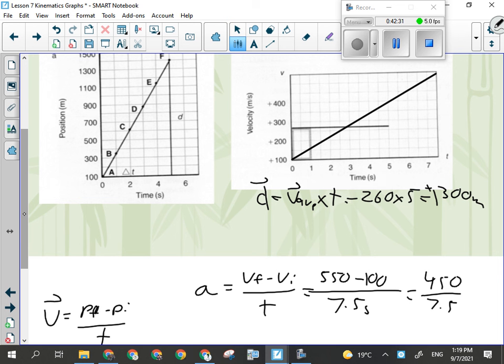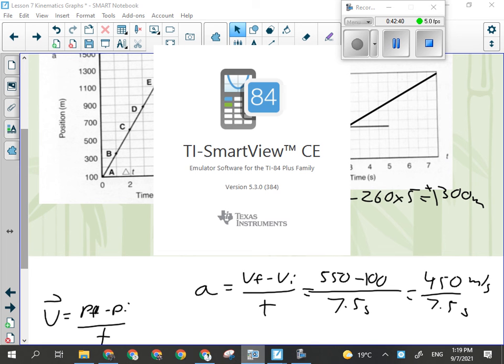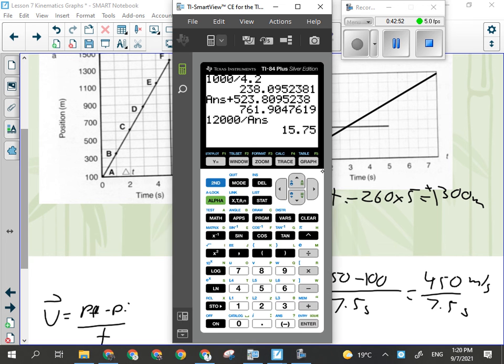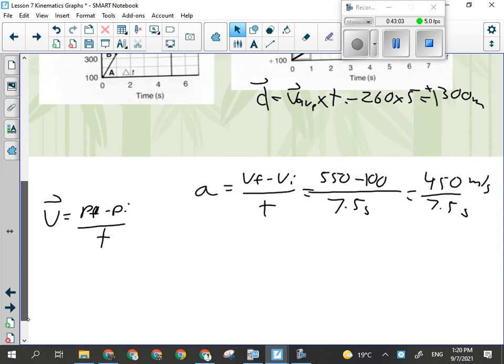So, sorry, this is meters per second divided by seconds. Sorry, I can't do that one in my head, okay? All right, so 60 what?